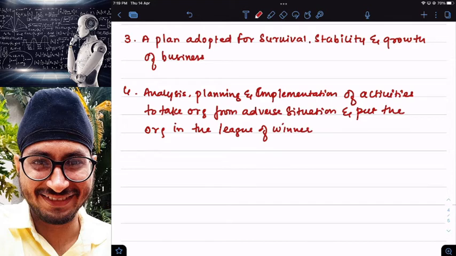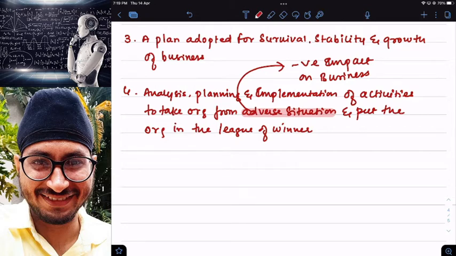Like, let us say for example, Air India. After a lot of analysis, planning and implementation, what did Air India think? What is the adverse situation, sir? It's a negative impact on business. Since running Air India was becoming very problematic for the government of India, and lots of financial and non-financial loss was there, which created an adverse situation, what did the government do?